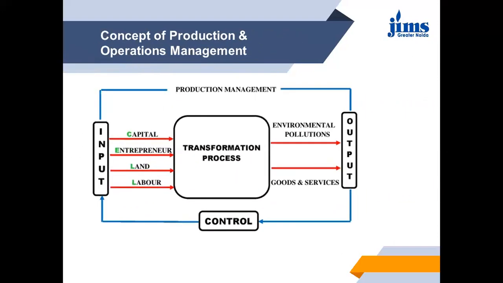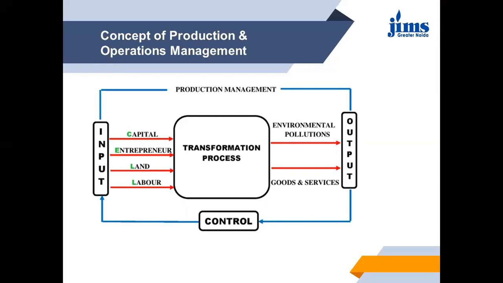Moving on, I have a diagrammatic representation of what production management looks like. So if I talk about the input, I talk about the capital, entrepreneur, land, labor, and raw materials, which are made to undergo a transformation process where our machines and processes work together to create the output, which is goods and services.